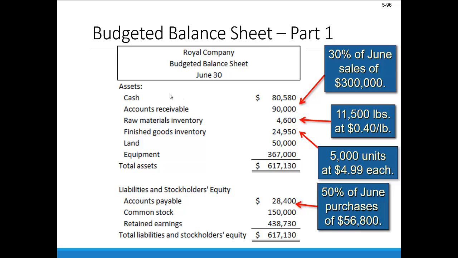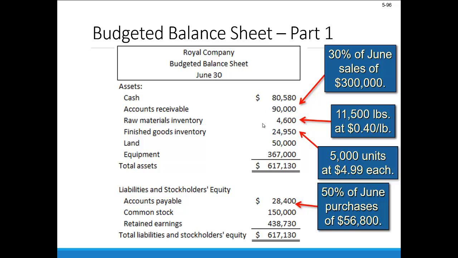Now here's Royal's budgeted balance sheet then. If you recall from accounting principles, you're starting with assets, and we're trying to show that assets equal liabilities plus stockholders' equity. Looking at our assets first, we've got cash. Again, that's coming right from the cash budget. We've got accounts receivable, and that represented the ending accounts receivable balance from that expected cash collections schedule we put together for sales.